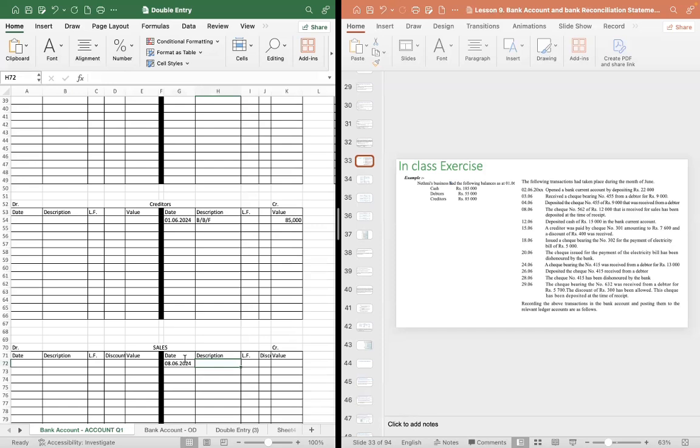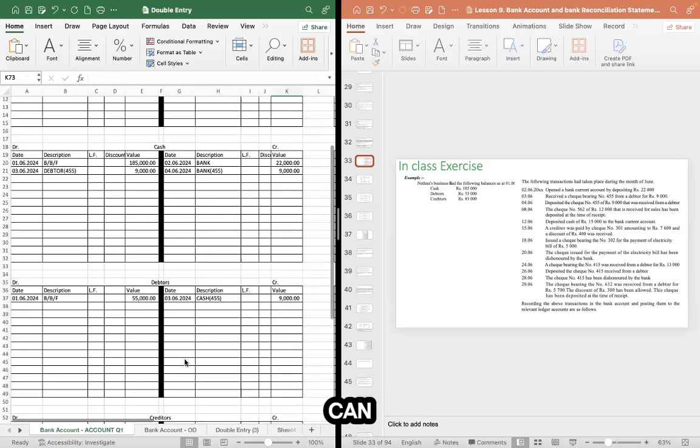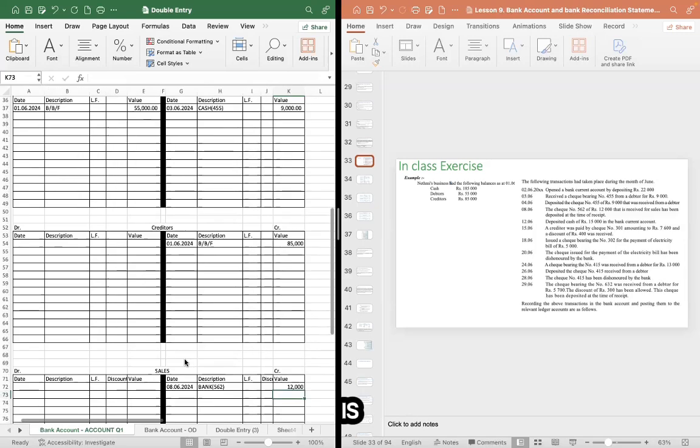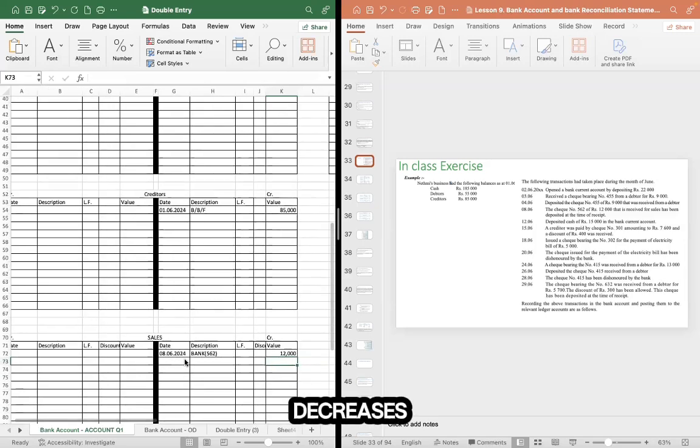Okay, so this is deposited in bank. Check number 562 for 12,000. Take a minute and go through that transaction. So we credit the sales because sales decreases and the bank account increases.